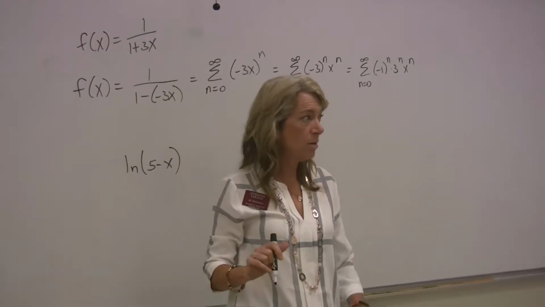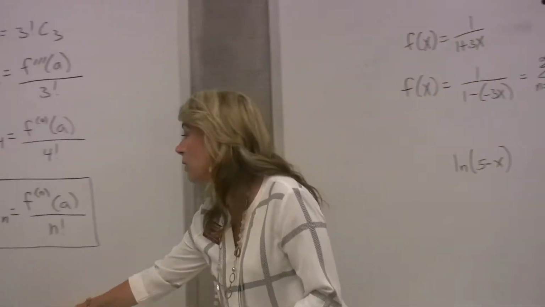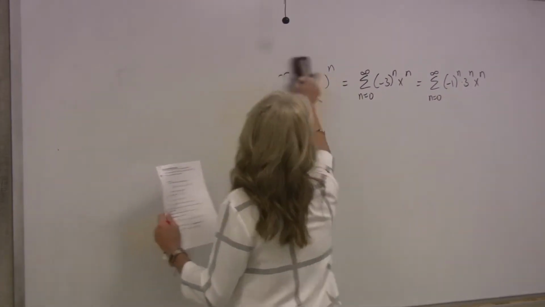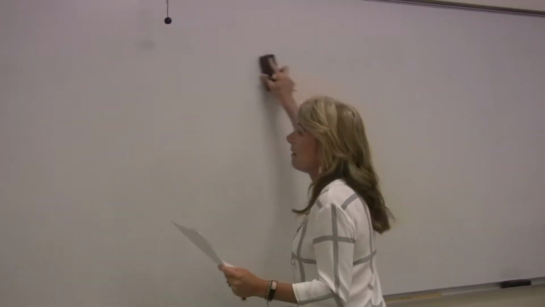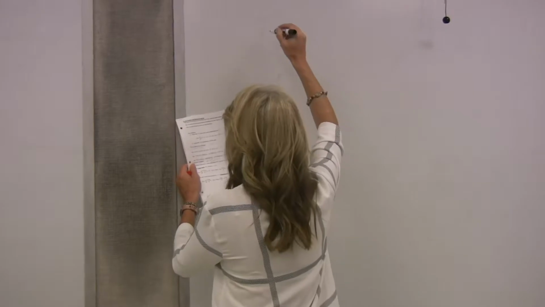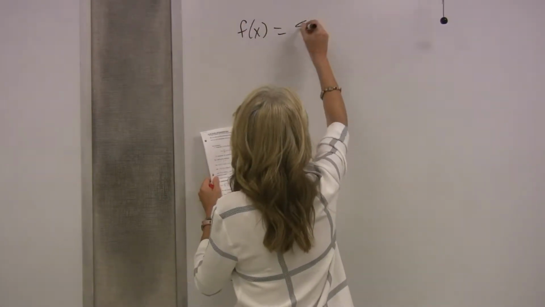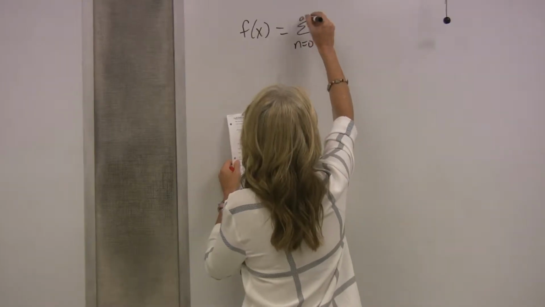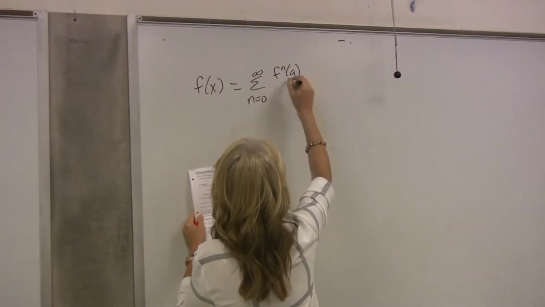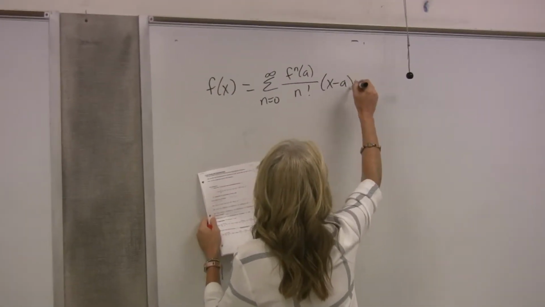No questions? All right. So my next line down actually defines what a Taylor series is. This guy Taylor figured out how to do this, which is pretty genius if you ask me. He says that for any function, you can write it as a series, n equals 0 to infinity, of the nth derivative evaluated at A over n factorial times x minus a to the n.